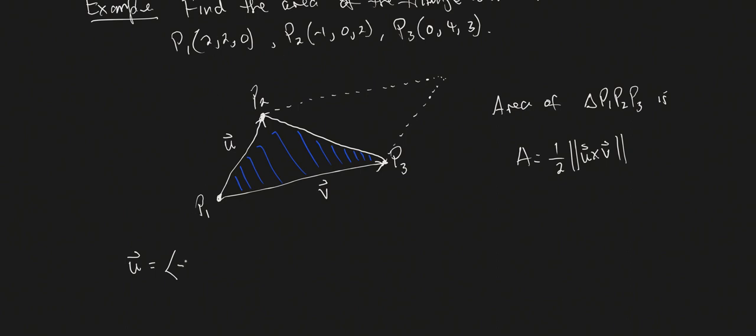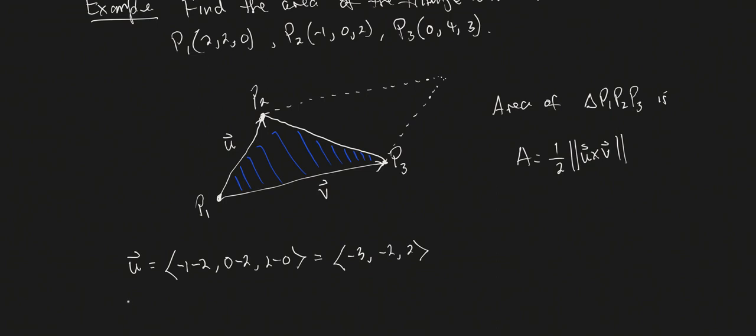So it's -1 minus 2, and then again final minus the initial, 0 minus 2, and then 2 minus 0. So I'm doing head minus tail to find the components of that vector, and that is -3, -2, 2. So that's the vector U.